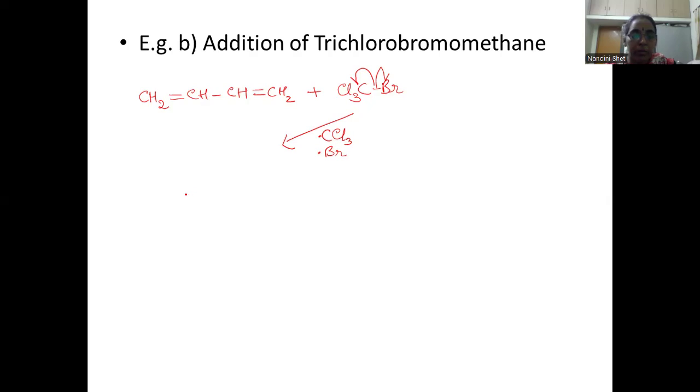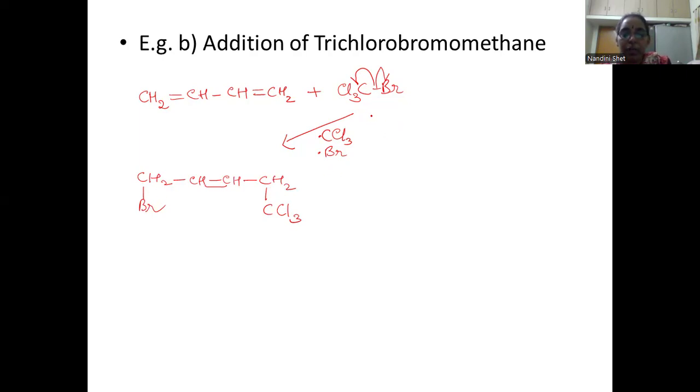So what will be the mixture of products? One is CH2Br, CH, CH, CH2 double bond here, and here CCl3. It is similar to our addition of HBr, but instead of H, it is Cl3C. So CCl3 is formed here, and bromine is attacking here.